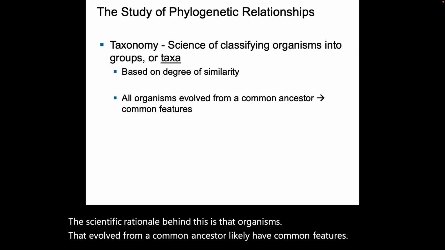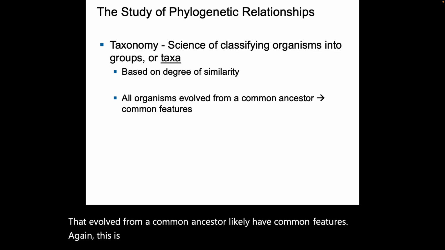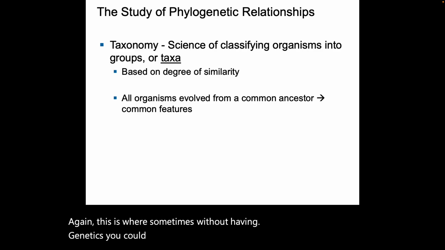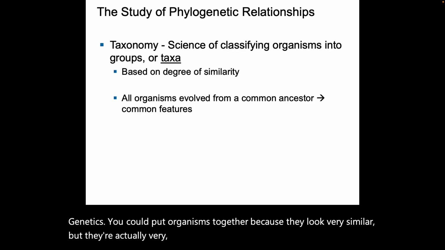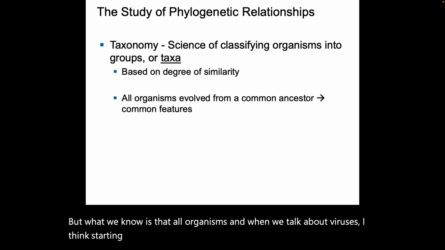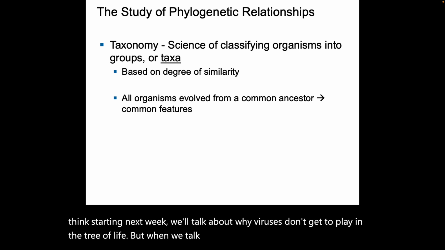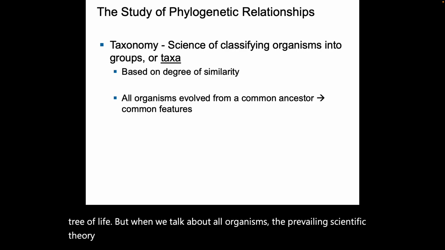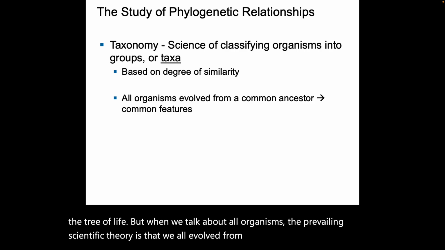Again, this is where sometimes without having genetics, you could put organisms together because they look very similar, but they're actually very, very different. But what we know is that all organisms, and when we talk about viruses, I think starting next week, we'll talk about why viruses don't get to play in the tree of life. But when we talk about all organisms, the prevailing scientific theory is that we all evolved from a single common ancestor.